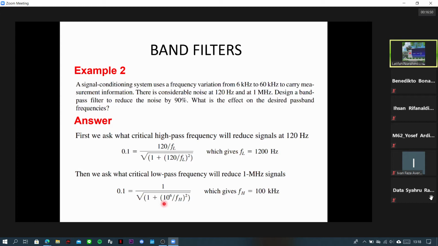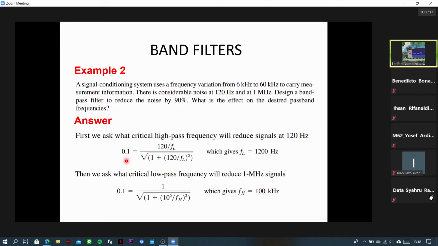Now, which values should we take for these two equations? Let's see the statement here. To reduce the noise by 90%, the reduction is 10%. So it means the voltage ratio is 0.1.